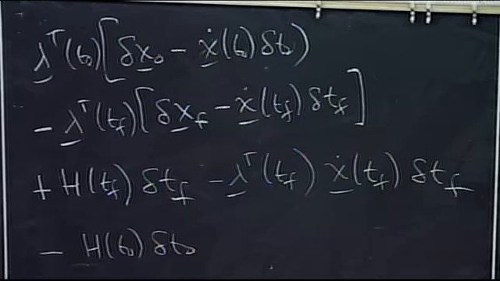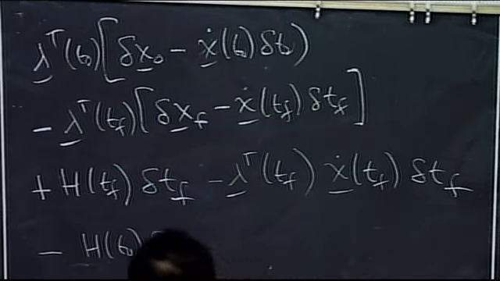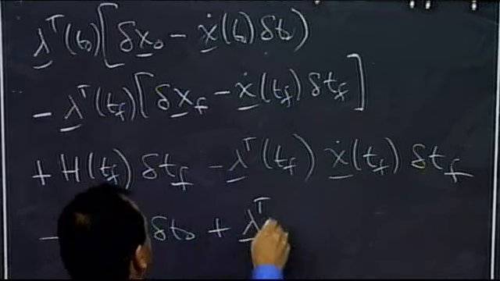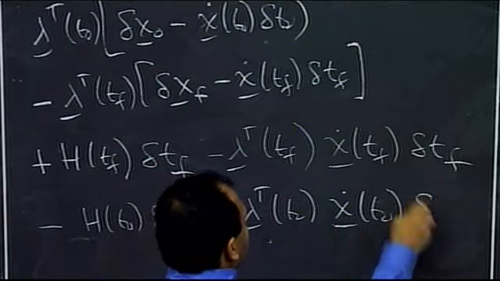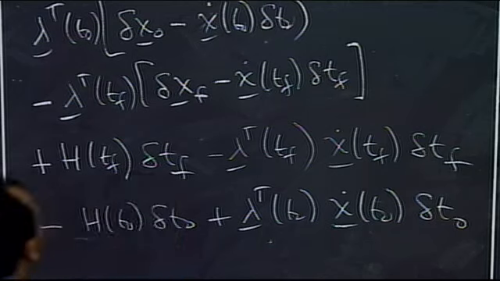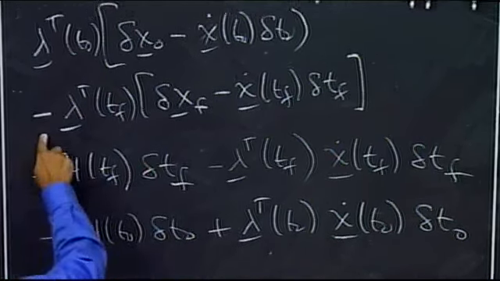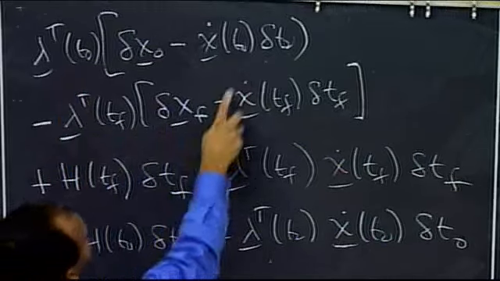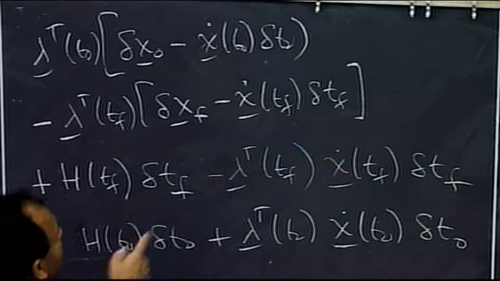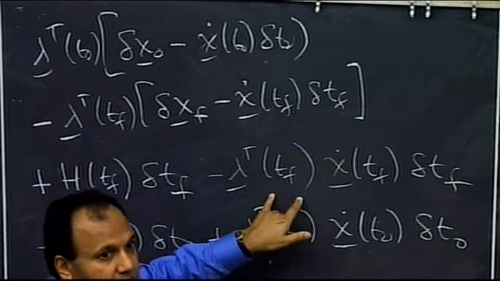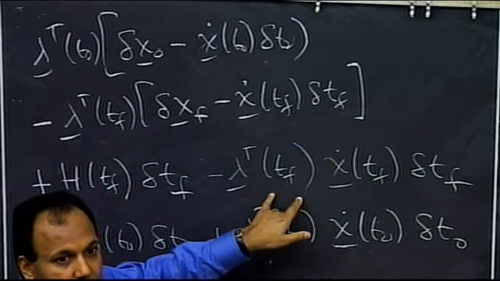And now, because there are two negative signs there, I get plus lambda transpose at t0 times x dot of t0 times the variation in t0. So if you look here, you'll see that there's a minus lambda transpose tf times minus x dot of tf times the variation in tf. So that becomes a positive sign. So this term winds up canceling with this term right here. Does everyone see that?